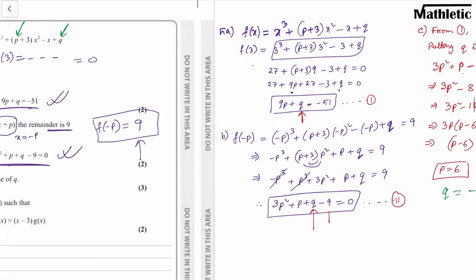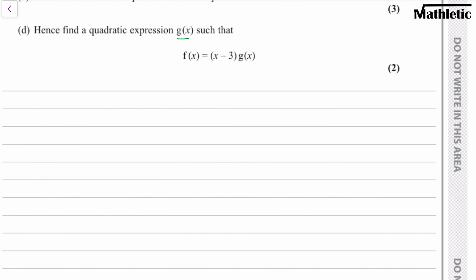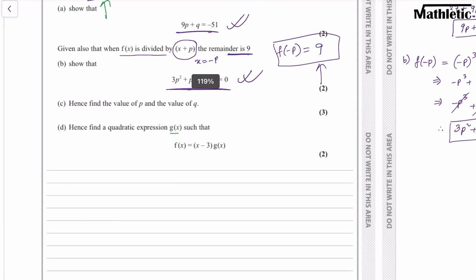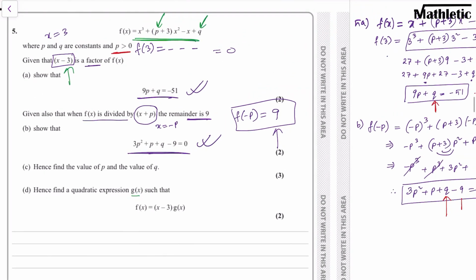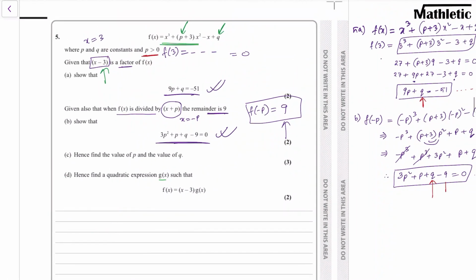So next, part D, find a quadratic expression g of x such that f of x equals this. f of x is a cubic equation, right? And any cubic equation can be expressed in terms of its factors. So x minus 3 was a factor, originally mentioned in the question. To get the remaining part, you can either go for long division or the third line rule. For the time being, I am using long division. So let me find the expression of f of x by substituting p and q.